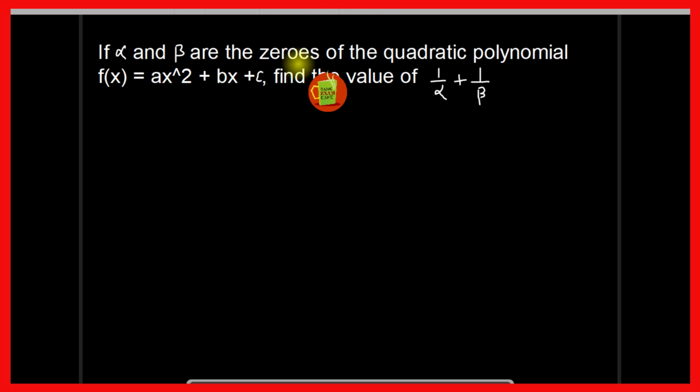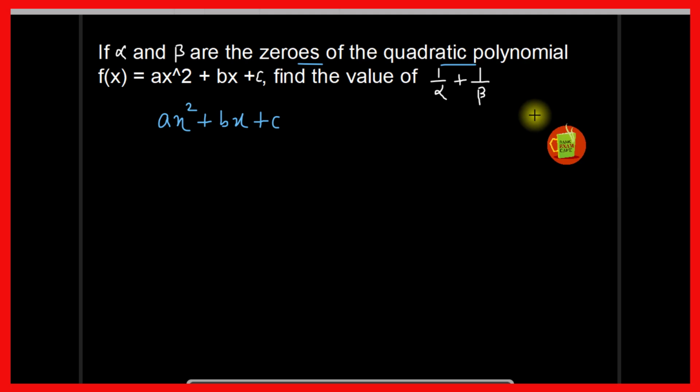If alpha and beta are the zeros of the quadratic polynomial f of x is equal to ax square plus bx plus c, find the value of 1 upon alpha plus 1 upon beta. Here the given quadratic polynomial is ax square plus bx plus c, and we have to find the value of 1 upon alpha plus 1 upon beta.